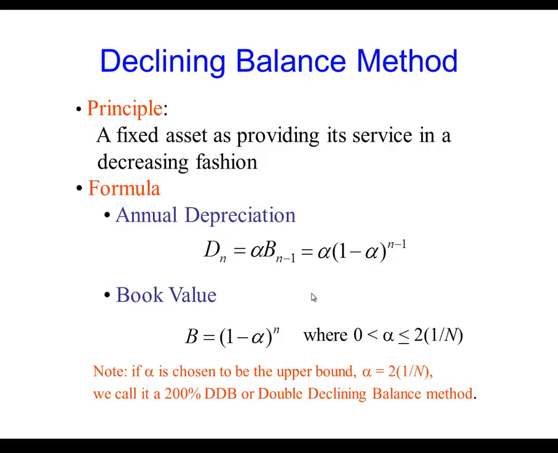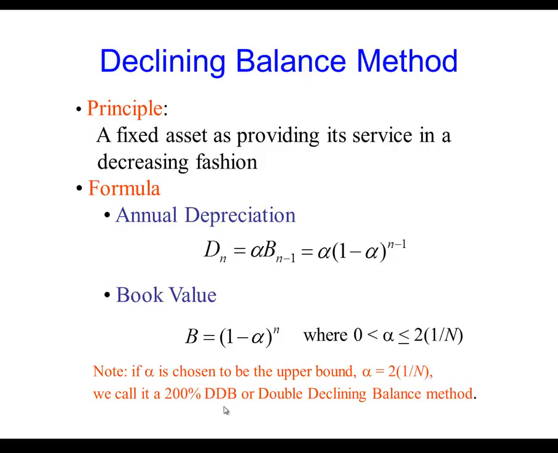The second method is the declining balance method, which provides service in a decreasing fashion. So the annual depreciation in this case will include a factor alpha, between 0 and 2, multiplied by 1 over n. If alpha was chosen to be the upper limit, alpha is equal to 2 multiplied by 1 divided by n, then we will call it a 200% double declining balance.